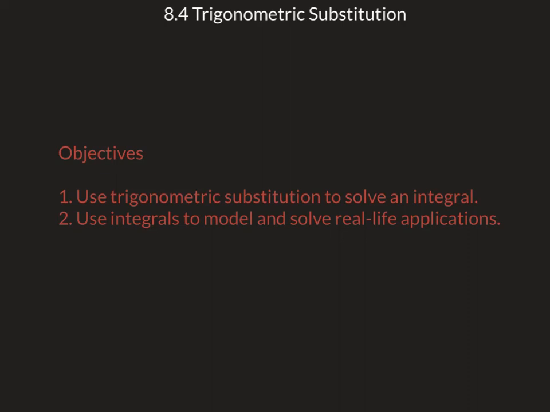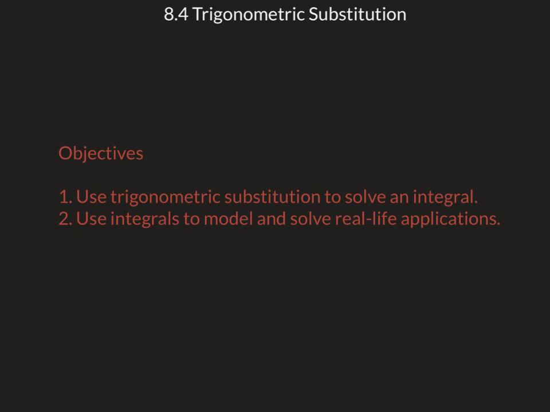Now the issue that comes into play here is that when you use trig substitution, it is going to be a complete change of variable. When we've changed variables in the past, we used a u substitution to do the integration, like we did in 8.1.